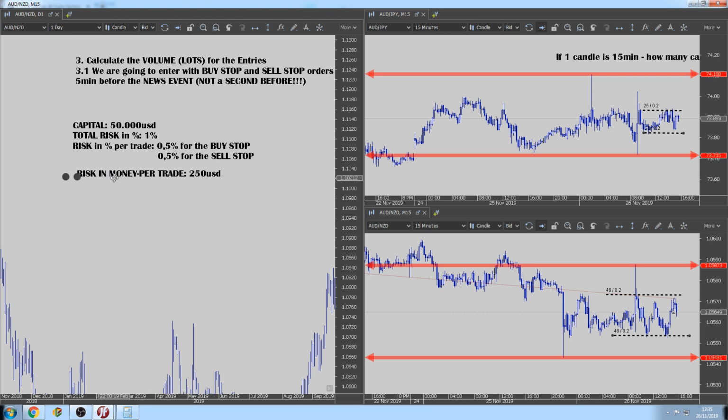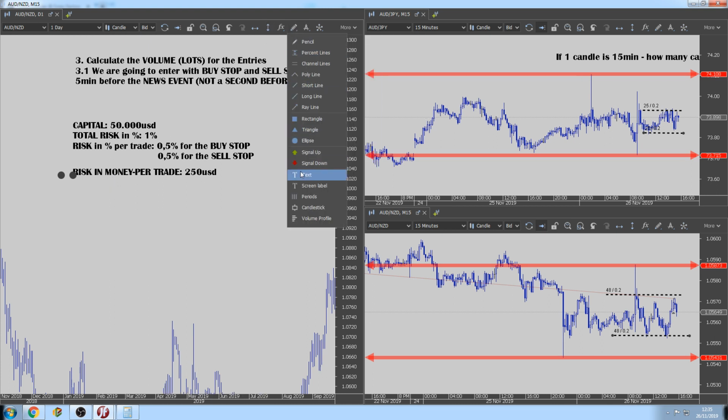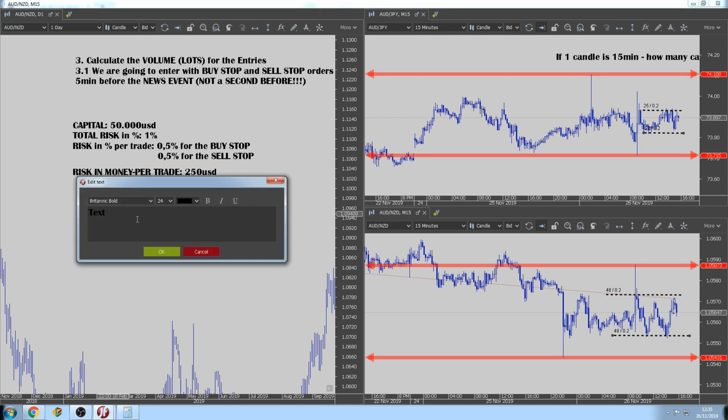Now, this is where mistakes are made, everybody. The next point is risk in pips. How many pips am I going to risk on AUD/JPY in this example, or how many pips am I going to risk on AUD/NZD?